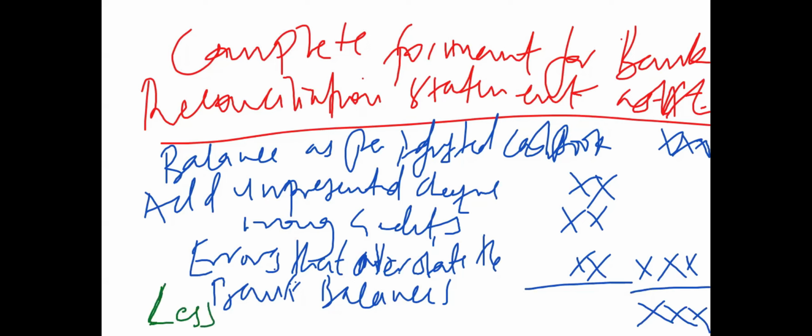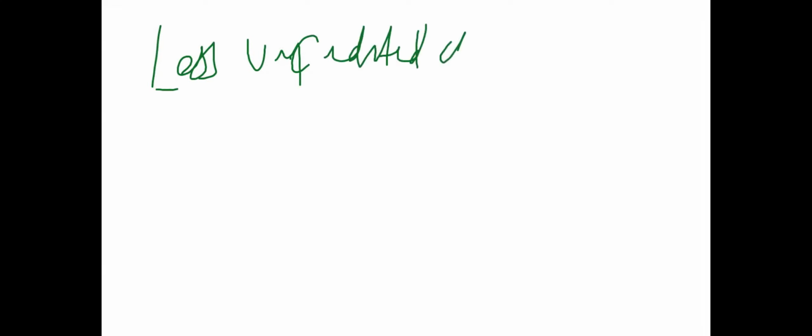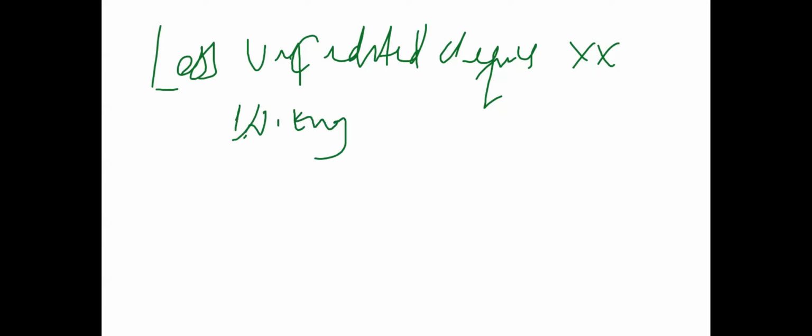Then let's go and see what we are going to less. So we less the uncredited checks. The value will be there. Now we put it this side so that we add the others. If there are many, you first list them, you add. Then you also bring in the wrong, you less off also the wrong debits.